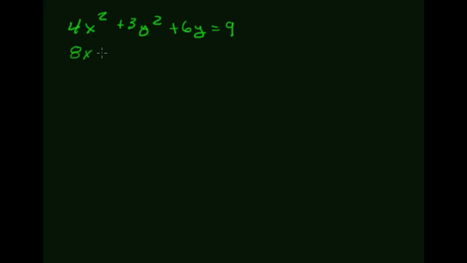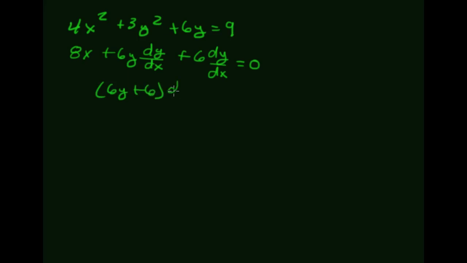This is going to give me 8x plus 6y dy dx plus 6 dy dx is 0. So you can pull the 6y plus 6 dy dx out and bring the negative 8x to the side.